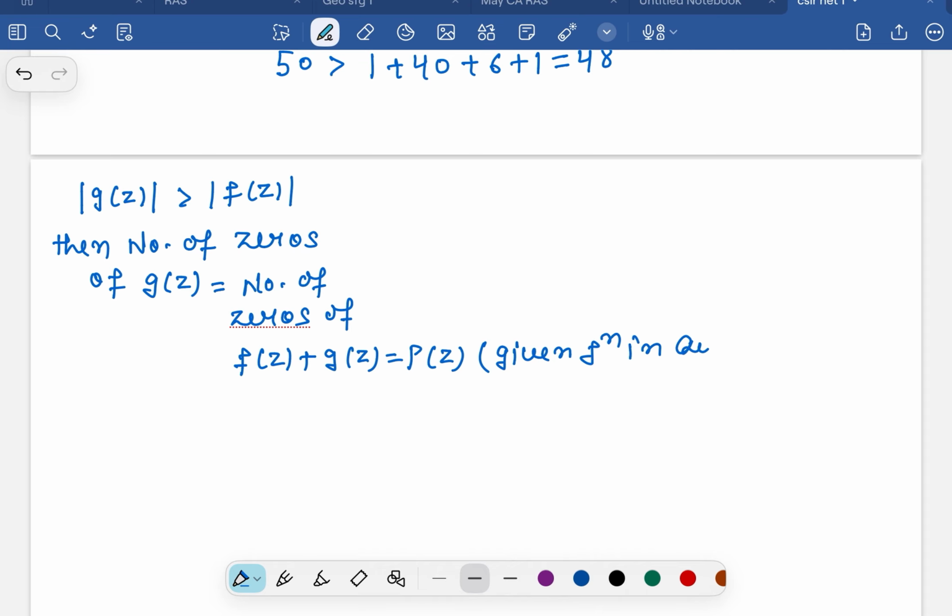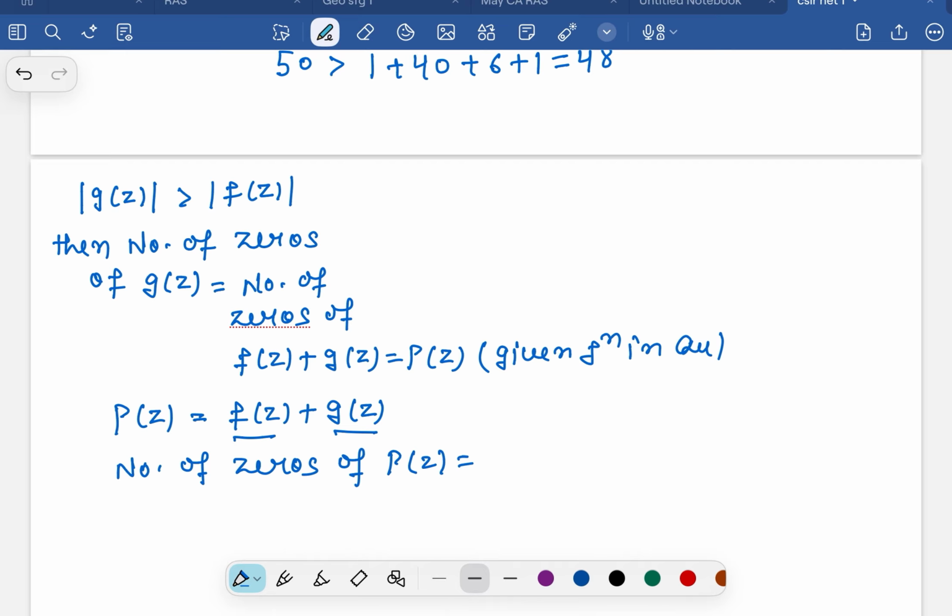So you basically have to break the p(z) which is the given function जिसकी हमें number of zeros बतानी है. You break it into two functions f(z) plus g(z) and you break it in such a way that mod of g(z) is bigger than mod of f(z). Understood? No confusion? Then we can say that number of zeros of p(z) is equal to number of zeros of g(z).